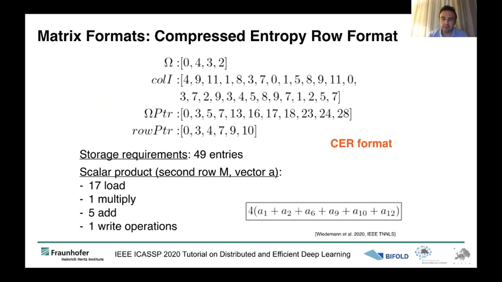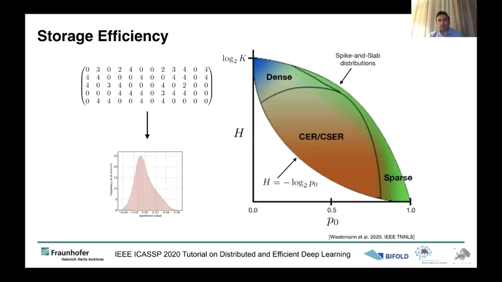But in the end you have fewer multiplications, fewer additions, and also a storage gain. We have also checked in which area this works best. If you look at your weight matrices as a distribution of values, then this distribution can be sparse or not.